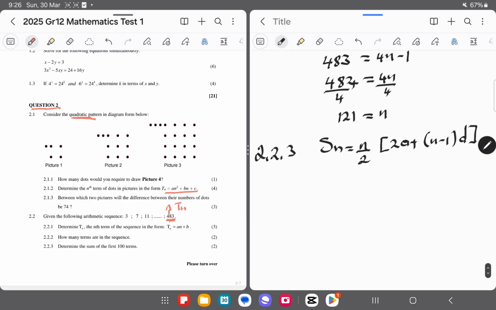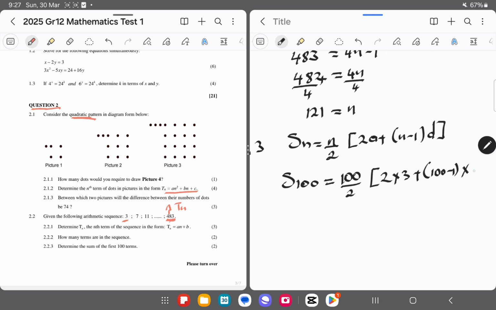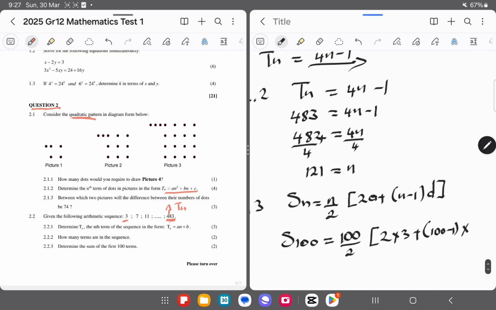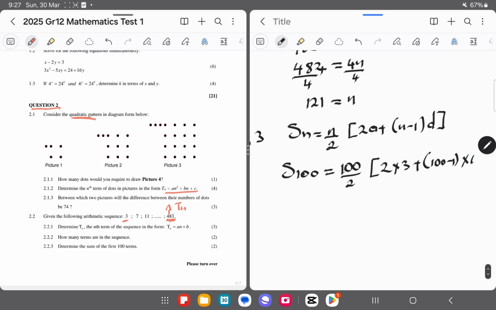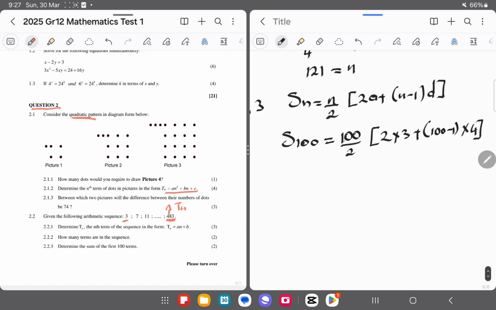Now, we want the sum for 100 terms. So S100 is going to be equal to 100 divided by 2, and then 2 multiplied by the first term, which we said is 3, plus 100 minus 1, and then multiply by the difference, which is 4.